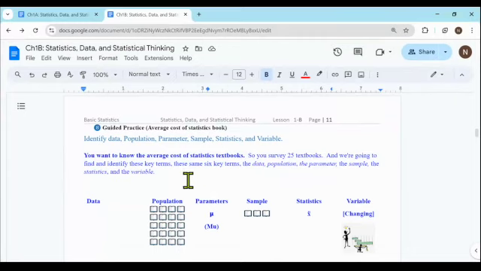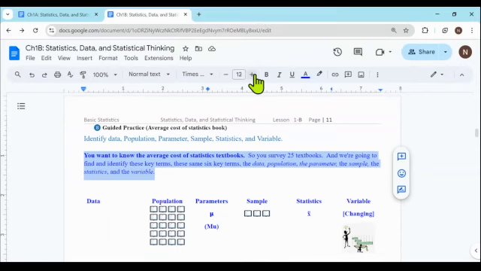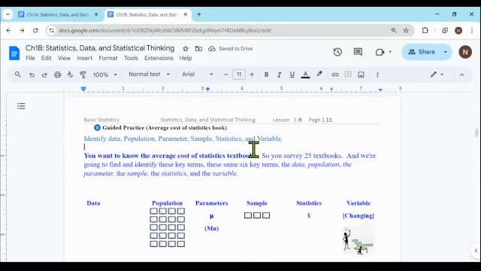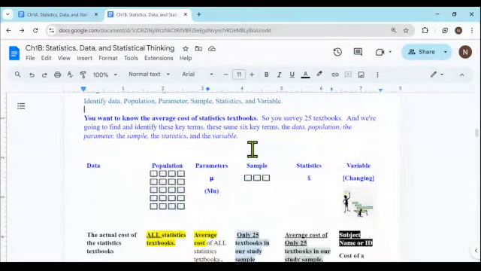Identify the same six key terms: the data, population, parameter, sample, statistic, and variable. Very good. We're going to do the same thing. Now, who can tell me what the data is here? The average cost.